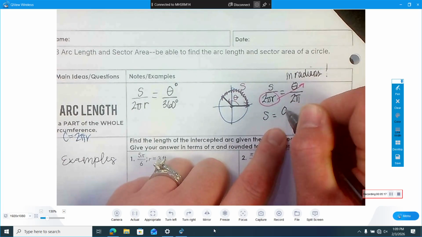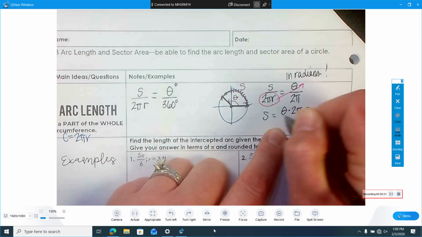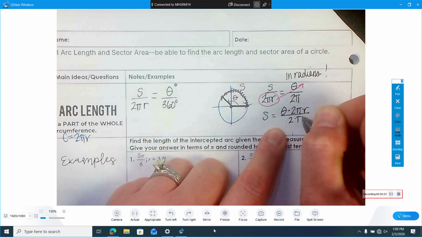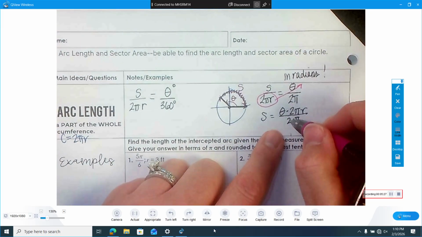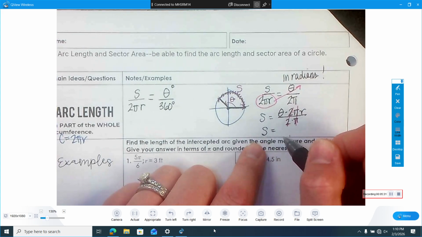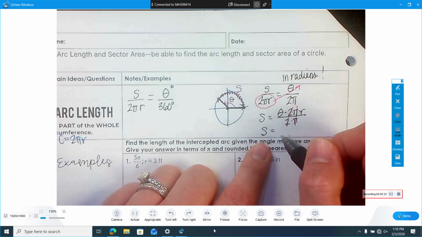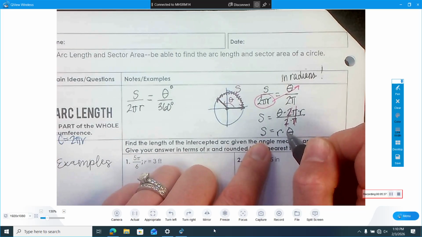That's going to be theta times 2 times pi times r on top. And then I have a 2 times pi on the bottom. What happens? Yeah, they cancel out. The 2's cancel out, the pi's reduce, and I'm left with s equals, now we normally write it this way, r theta.